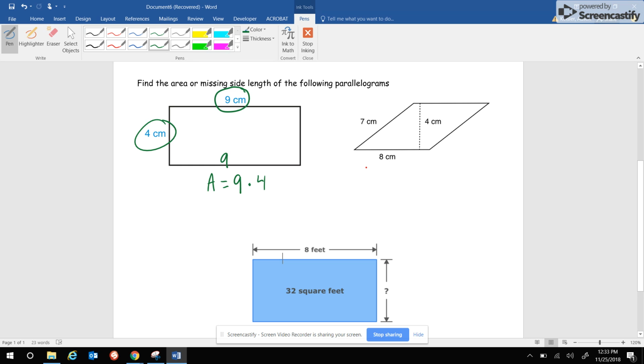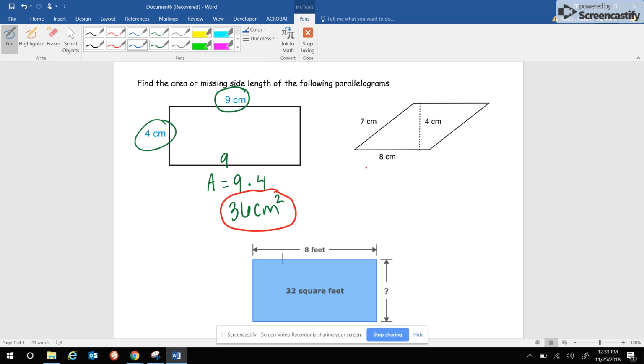So I'd have to do 9 times 4, and 9 times 4 is 36. I have centimeters, so my answer would be 36 centimeters. And for area, I'm always going to put that exponent of a 2 up there. 36 centimeters squared.